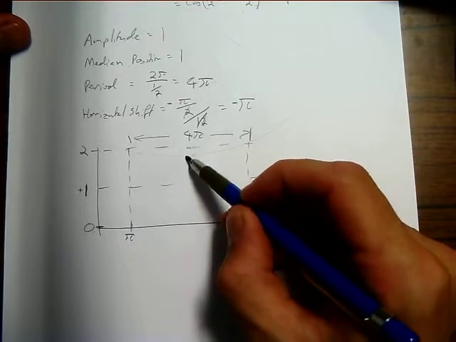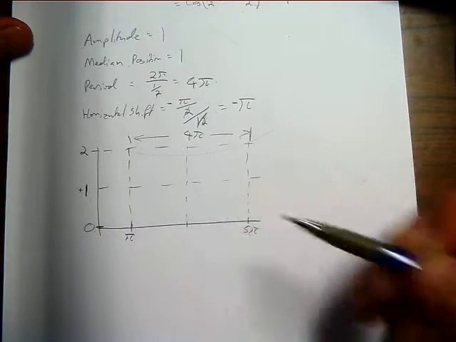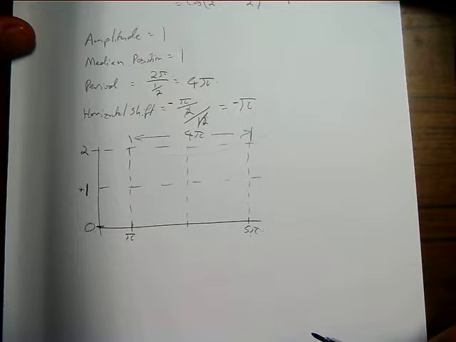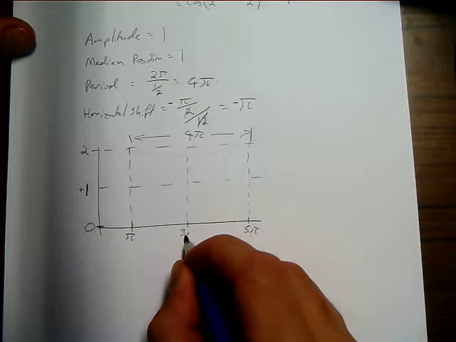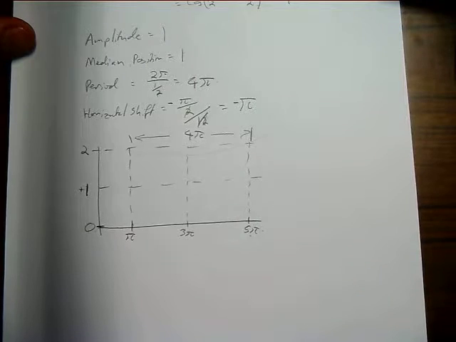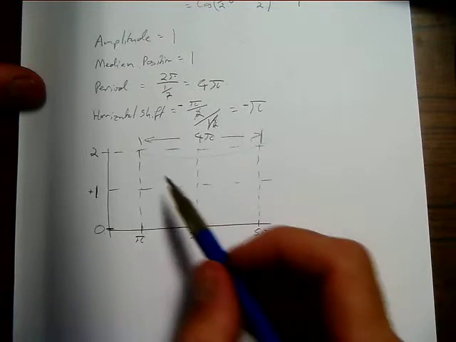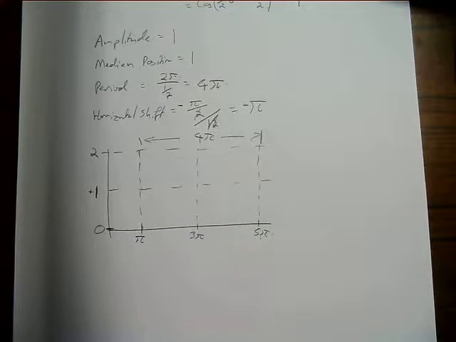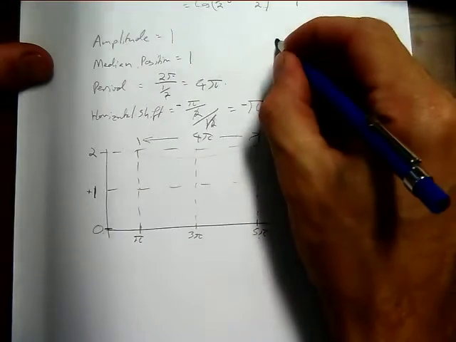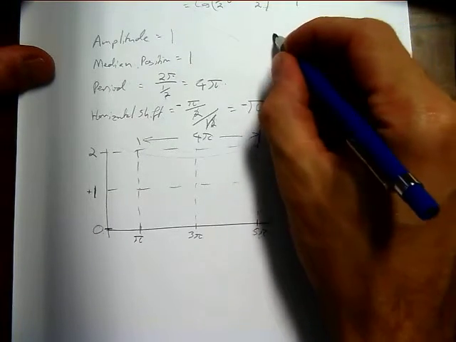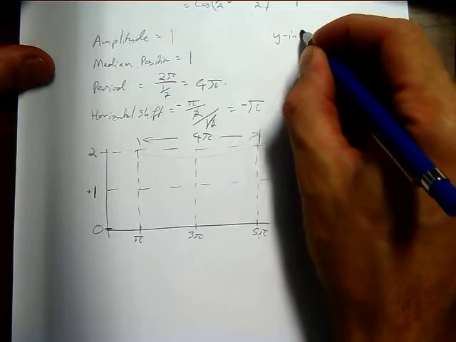Just out of curiosity, where's the middle of the box going to be? 3 pi. Alright. And then what's the other thing we really need before we put this to rest? We want the y-intercept. We'll do it now. How do we find the y-intercept?